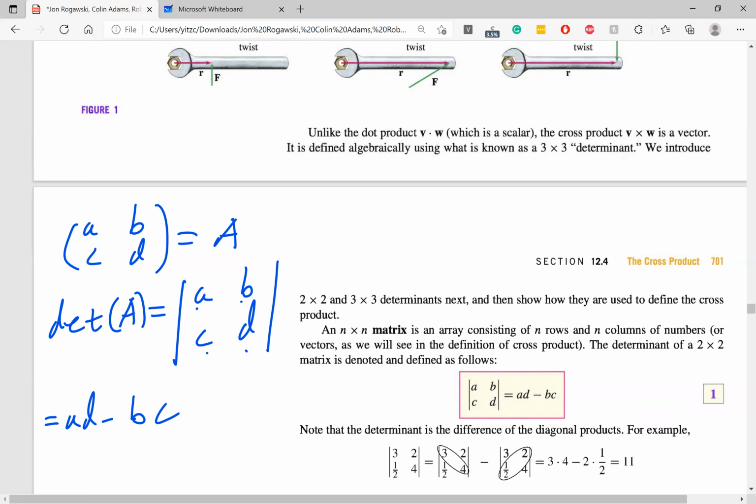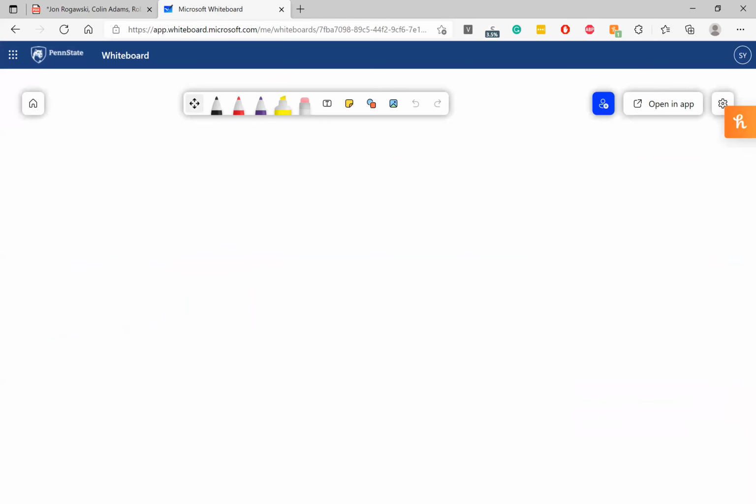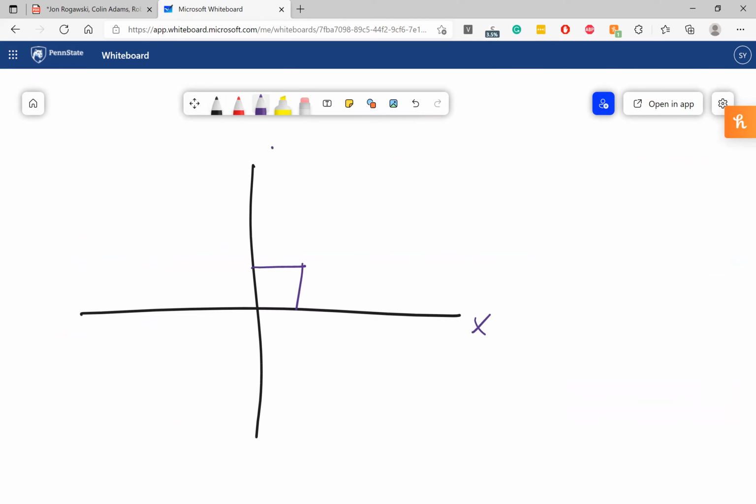If I take a little box in R2, here's X, here's Y, and imagine that this box has area 1. And then imagine I apply the linear transformation A, B, C, D, and I get a parallelogram. So maybe I get something that looks like this.